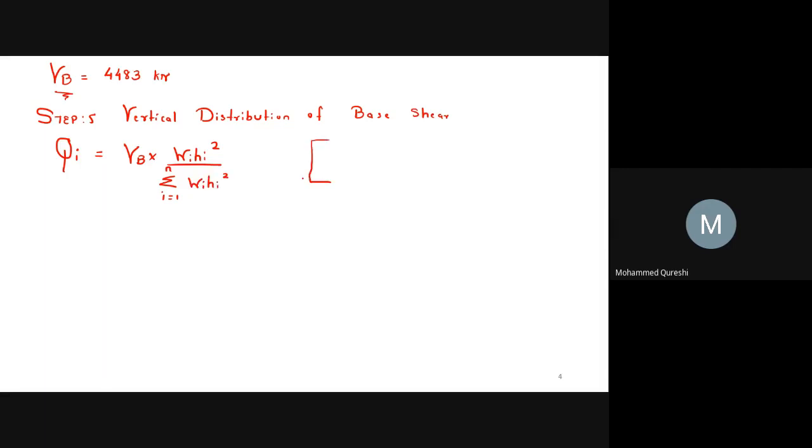This equation is given in IS 1893 part 1, 2002, page number 24, clause number 7.7.1. So this vertical distribution of base shear shall be calculated by this expression.